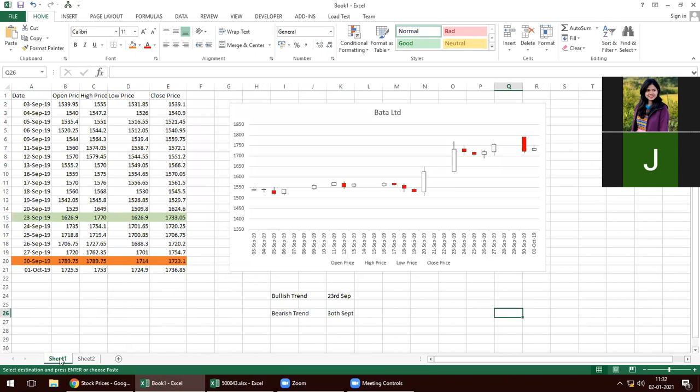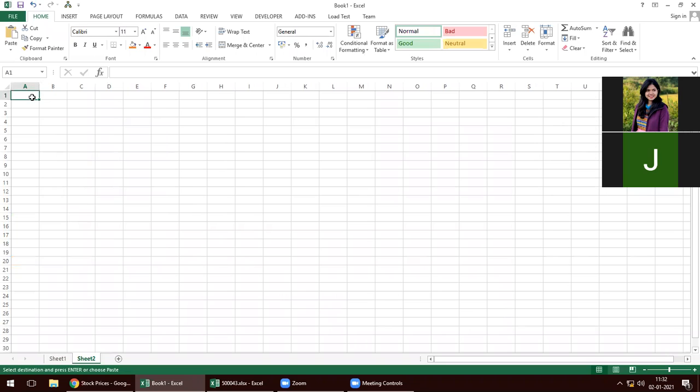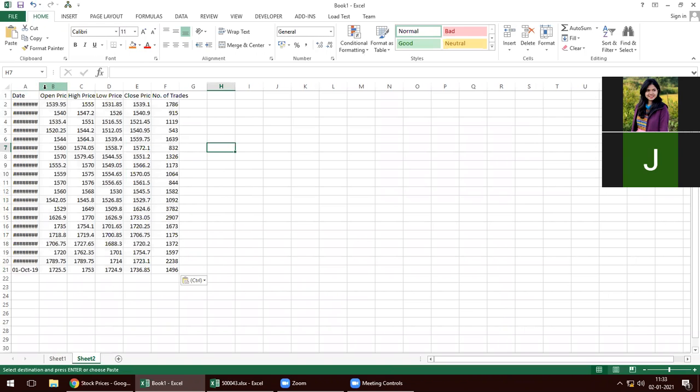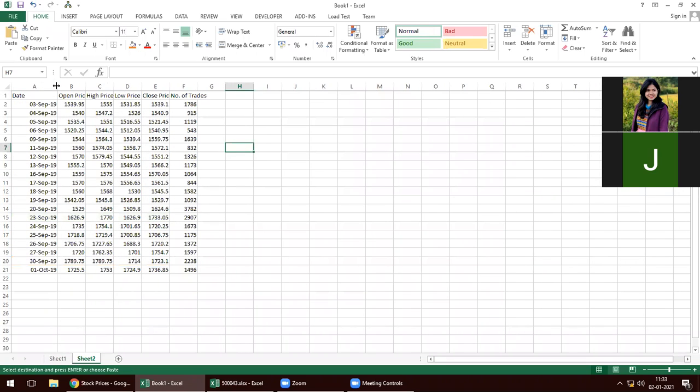In sheet 1, we have prepared the nice candlestick. Paste it here. We'll go for the next chart. We have to make some changes. Let us see how we can prepare the second chart.